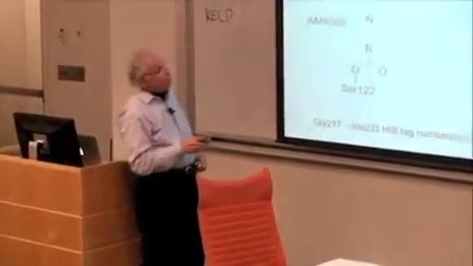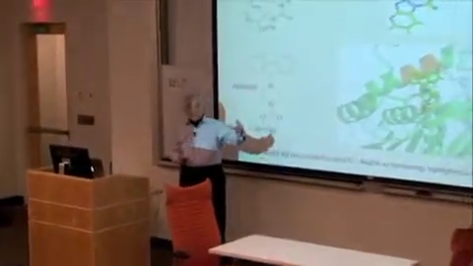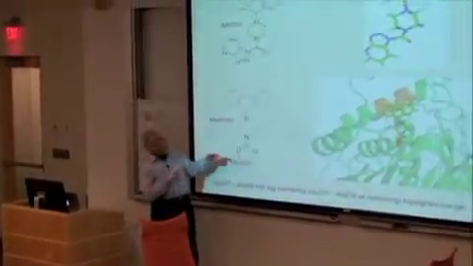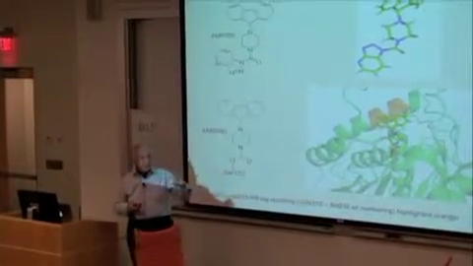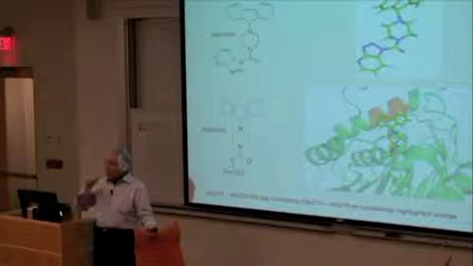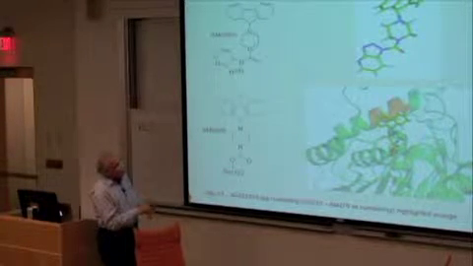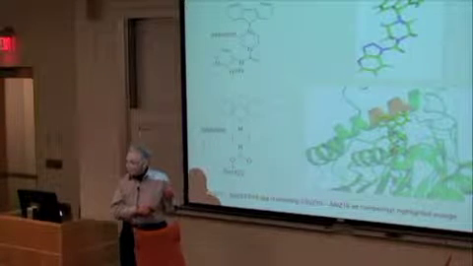And sure enough, it seems to work, because when we test this molecule, the drug AM6580, which we hope would be an analgesic compound. In other words, if you have intense pain, you take this compound, and it stops the pain. The way it stops the pain is by stopping the function of this enzyme.